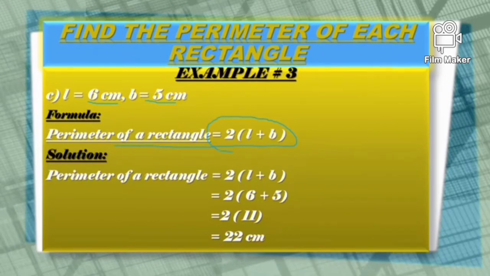Put the values in the formula. Length is 6 and breadth is 5. First solve the bracket. 6 plus 5 is equal to 11. Then multiply 11 by 2. We will get 22. Now 22 centimeter is the perimeter of a rectangle.